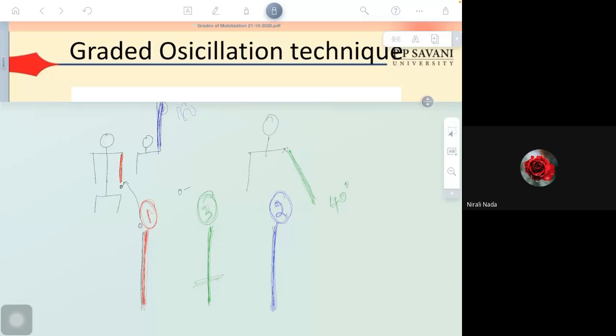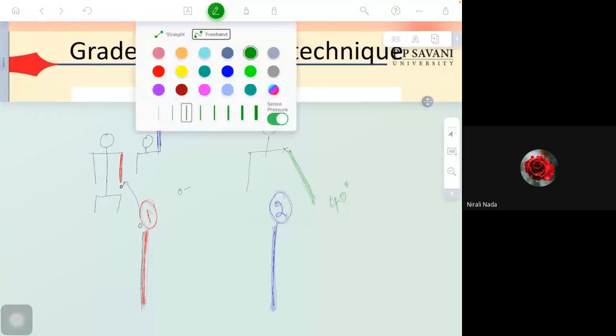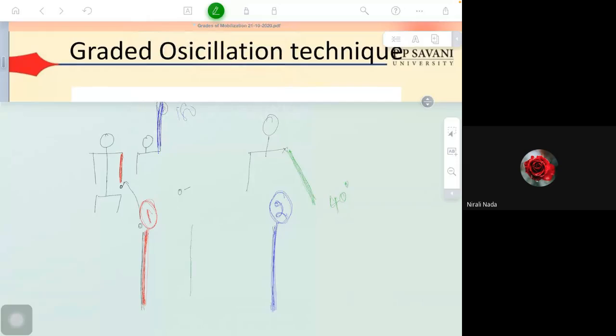This line position will be shifted towards this direction because this represents 90 degree. 40 will be somewhere here, so now line 3 should be drawn somewhere here.